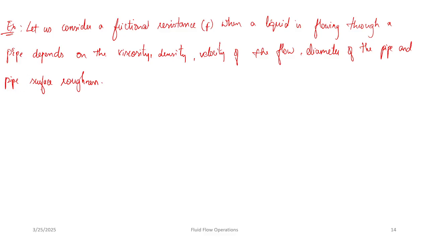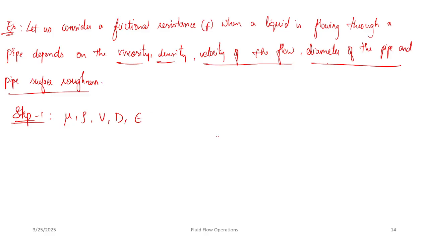So first step is to identify the independent variables. So what are the independent variables in this problem? Viscosity is an independent variable, density is an independent variable, velocity of the flow is an independent variable, diameter of the pipe is an independent variable, and pipe roughness is also an independent variable. Okay.